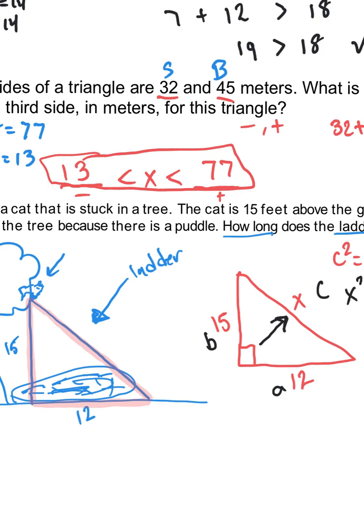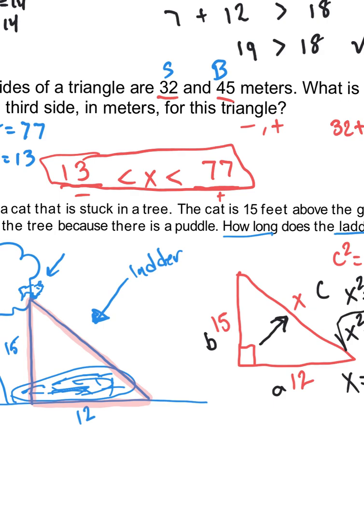We've got x squared equals 12 squared plus 15 squared, which leaves us with x squared equals, well, this side evaluated gives us 369. And then in order to figure out what x is, we must take the square root of both sides to get rid of the squared. So x will equal 19.21, right?